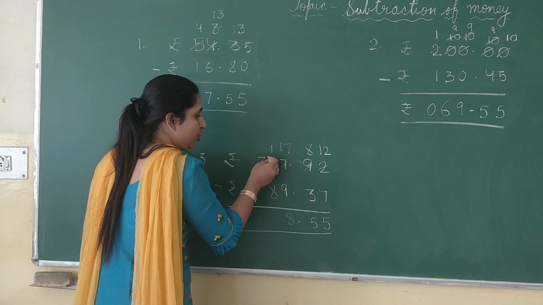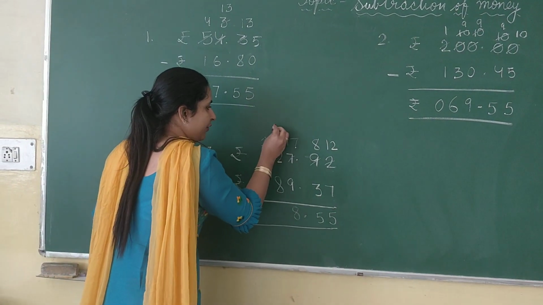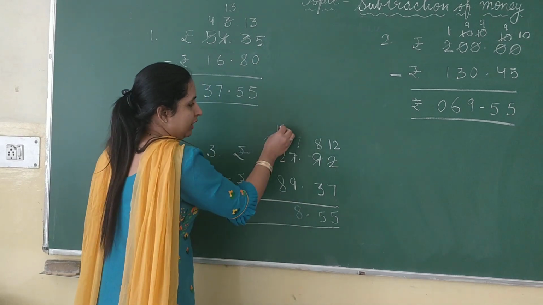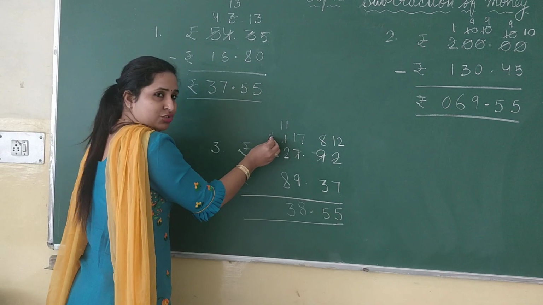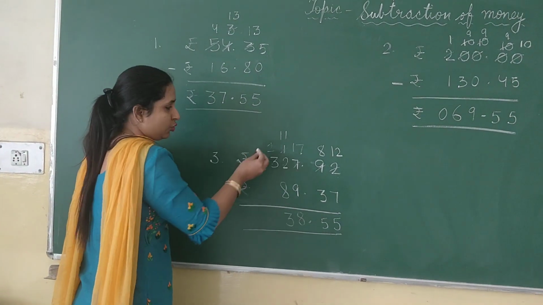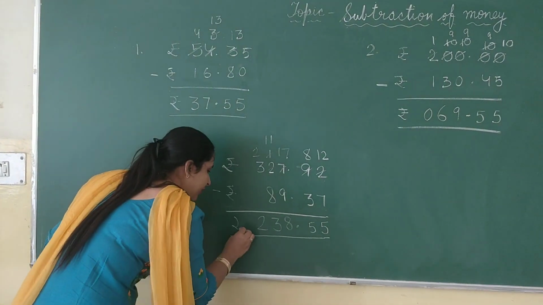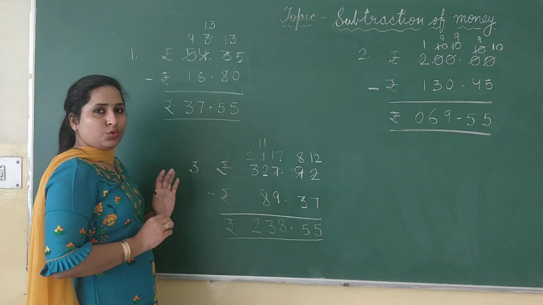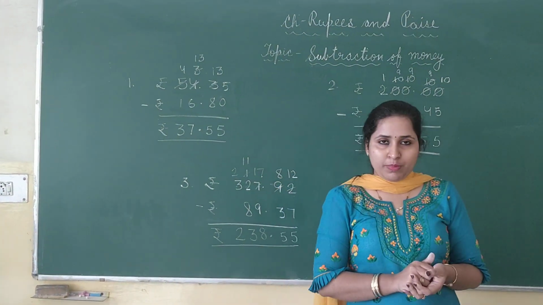So 1 will take a borrow from 3. 3 will become 2 and 1 will become 11. So 11 minus 8 is 3. And here it is 2. And under 2 nothing is there, which means you can take it as 0. So 2 will come as it is. The answer is rupees 238.55. It was all about subtraction of money.